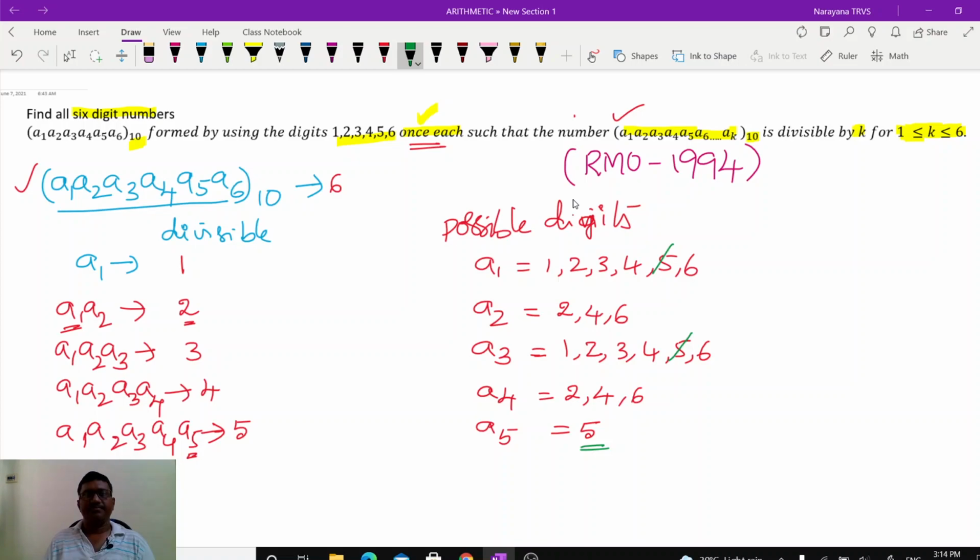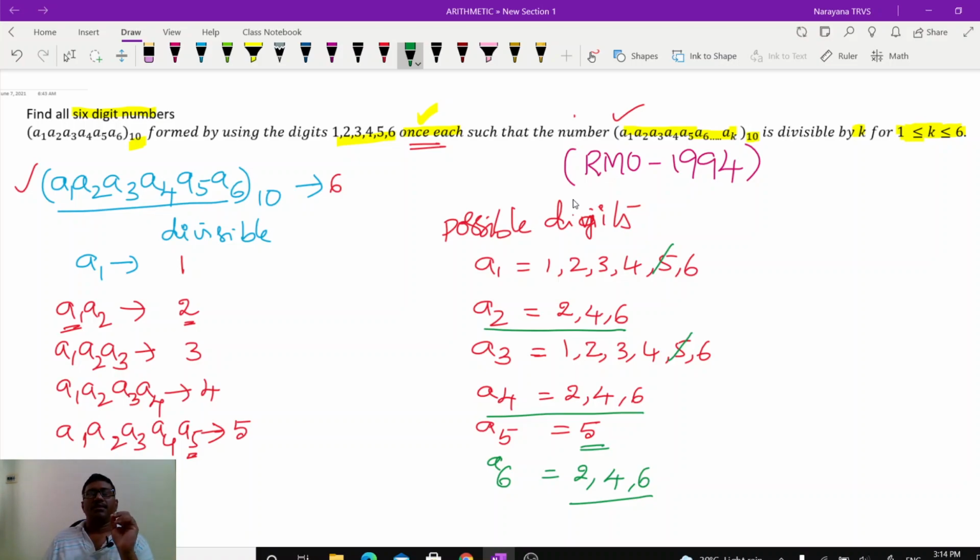Now look at this. A2 will have 2, 4, 6, and A4 will have 2, 4, 6. Similarly, A6 will have either 2 or 4 or 6. You know that the divisibility rule of 6 is that a number divisible by 6 must be divisible by 2 and 3.